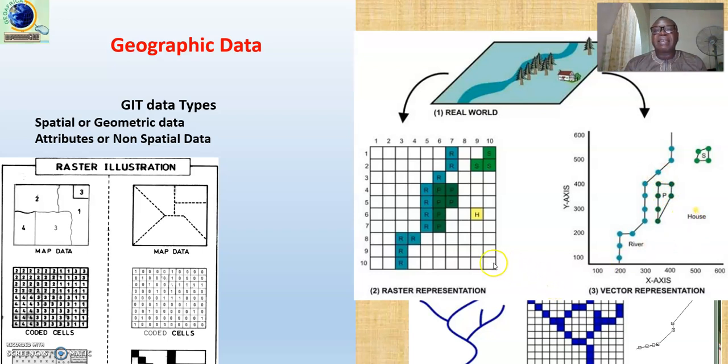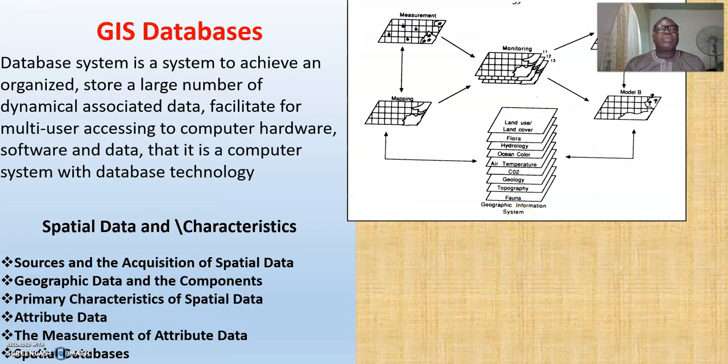If you are using raster GIS software, the river system will be represented like this. And we know that you can convert from raster to vector, or from vector to raster. But anytime you are changing from vector to raster, you are losing data or gaining data. There are so many errors involved, but it depends on whether that error will affect the quality of your analysis.